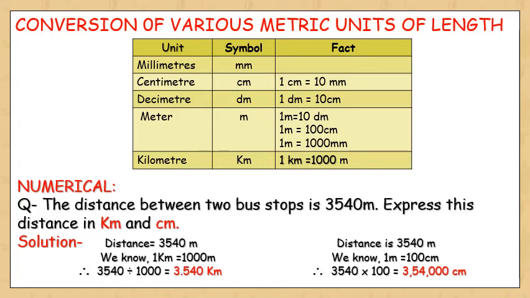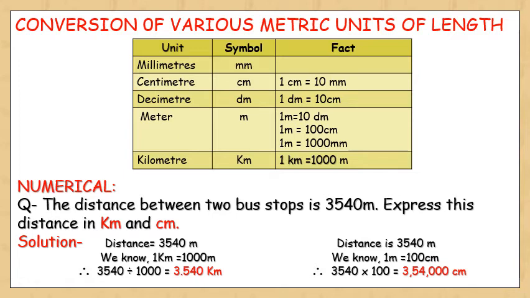And the relation between them is also given, like for 1 centimeter, there are 10 millimeters. Same as for decimeter, in 1 decimeter, we have 10 centimeter. Or you can say that 10 centimeters make 1 decimeter.